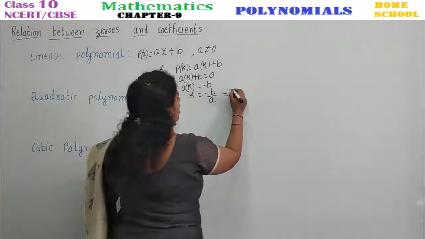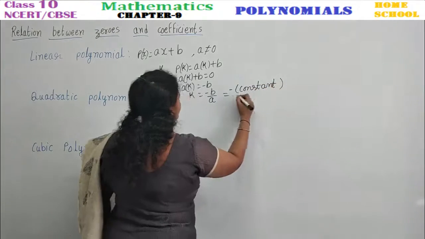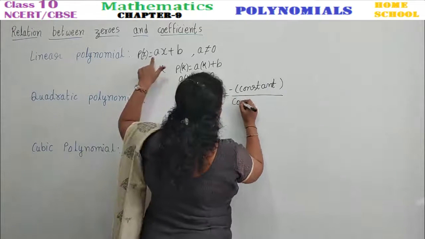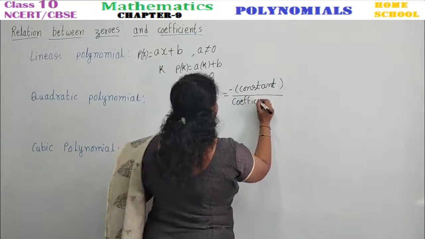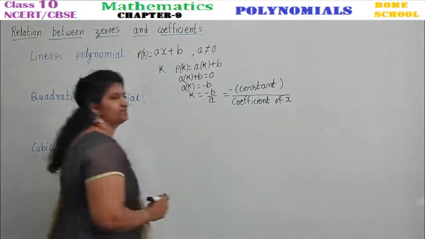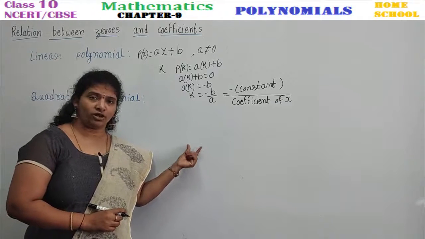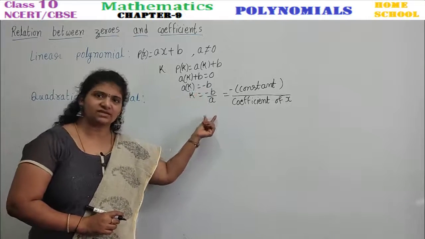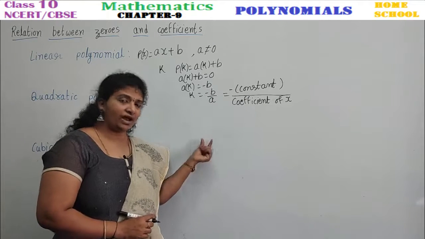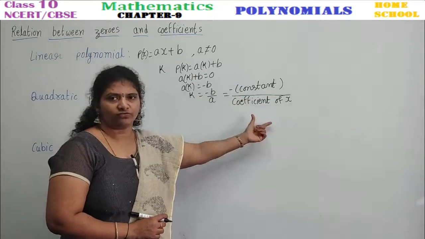B is a constant. Minus of constant by, what is this a? A is the coefficient of x. So here, children, you can remember directly what will be the 0 of a linear polynomial. You can say minus b by a is a 0 of a linear polynomial. Instead of writing minus b by a, you can say minus of constant by coefficient of x.